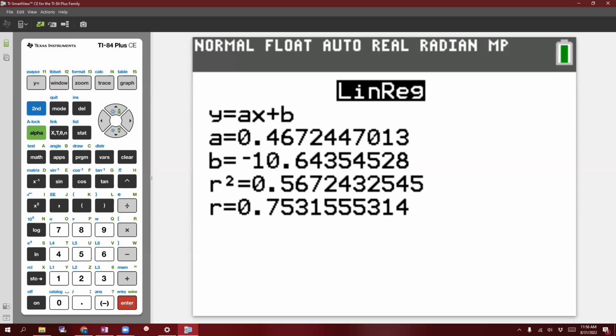However, if you're in psychology or sociology, where you're dealing with human nature, those are going to be much lower R values in order to consider something statistically relevant. So you may have an R value of like 0.3 if you're dealing with something in sociology, and that may be considered a high R value and worth looking into.